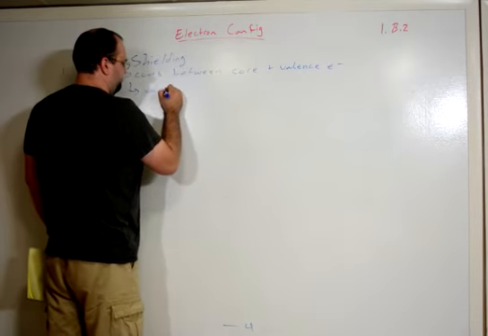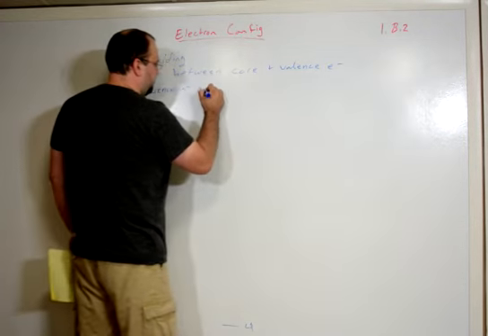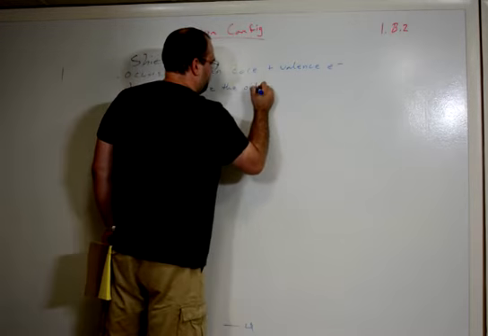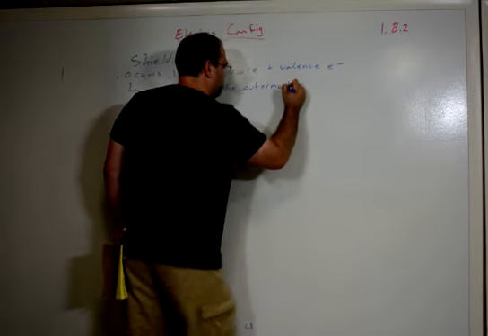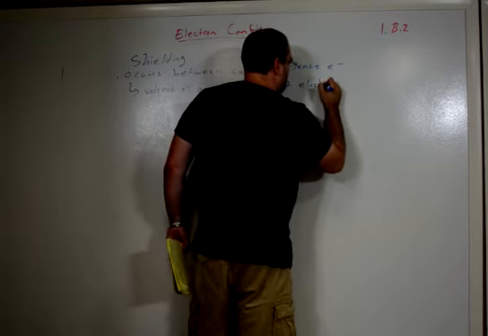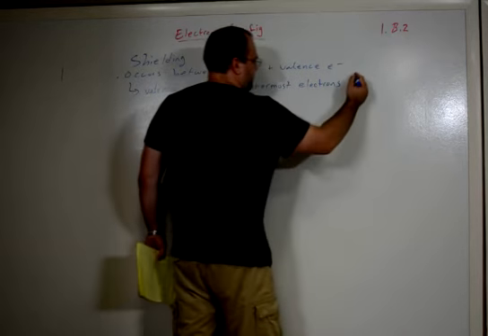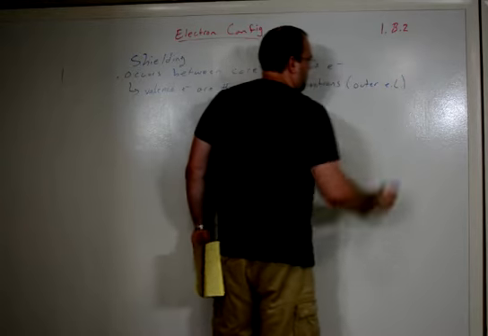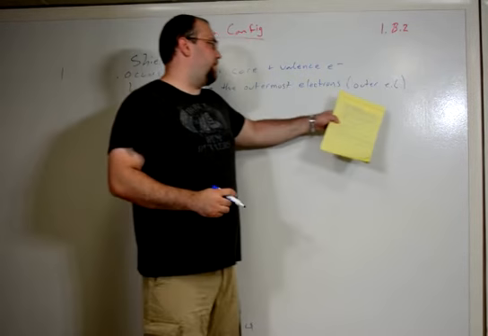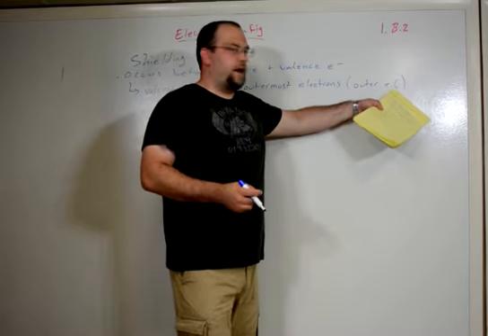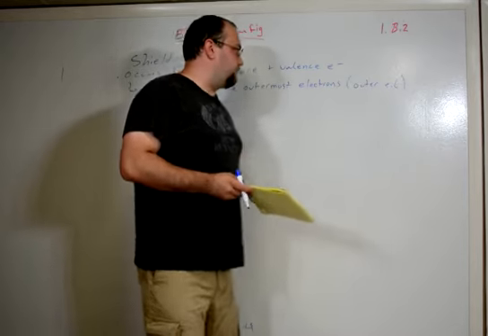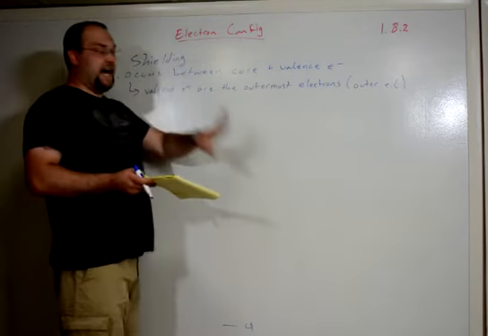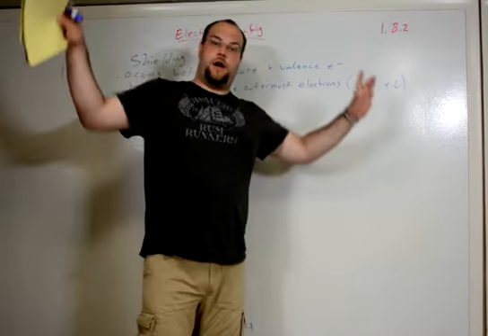Valence electrons are the outermost electrons, and by that I mean the outer energy level. I made a very weird abbreviation because I was running out of board space. So valence electrons are in the outermost energy level. They're the far outer regions.